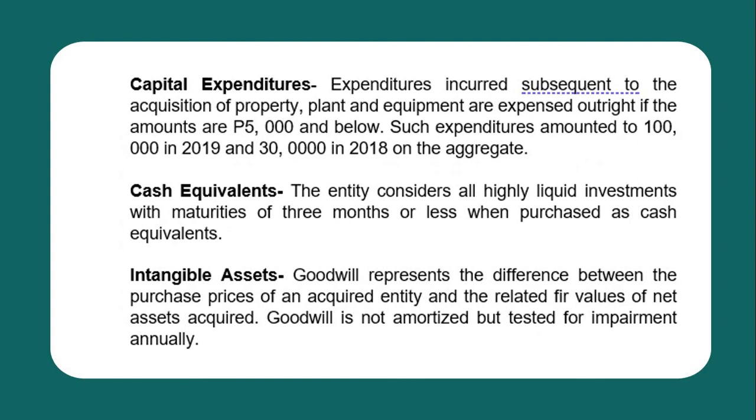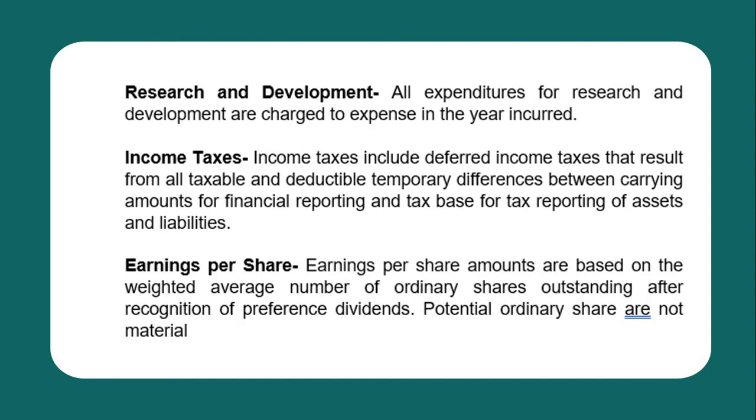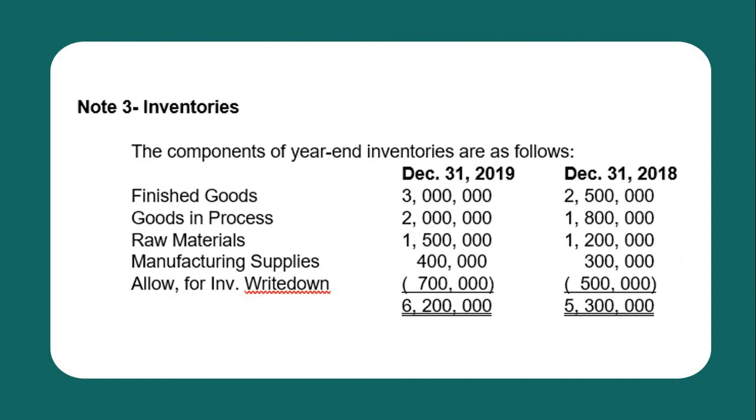Okay. Cash equivalents, intangible assets, and their accounting policies. For research and development, income taxes, earnings per share. And after that, here come the disaggregations, the details.